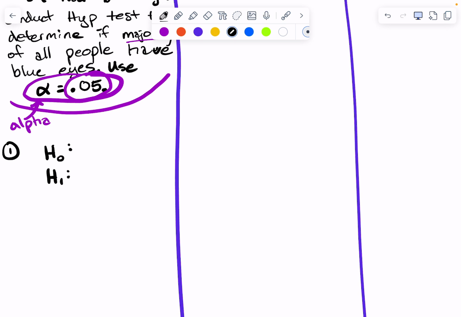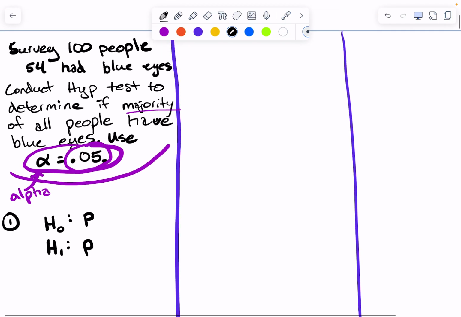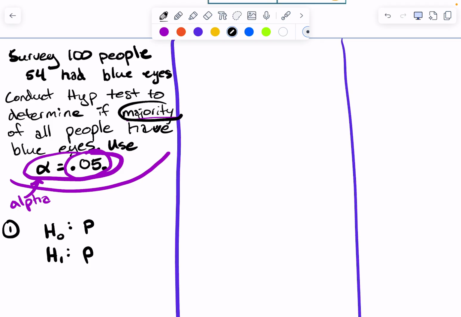All right, we're talking about percent here, okay? So I'm going to talk about everything in terms of P, all right? Now, we're talking about majority, and they didn't say anything besides majority, but majority means over 50%, so majority is 0.5, all right? Now, majority would be like greater than 50%, but the top hypothesis I told you yesterday you always say is, do you remember?